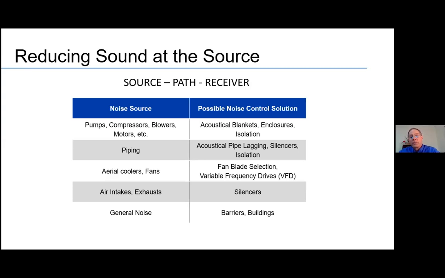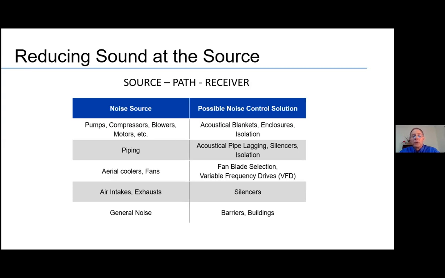When you're looking at piping itself, very often similar, looking at acoustic pipe lagging solutions, looking at possibly some silencers if you have some flow-related issues, and again, looking at isolation.